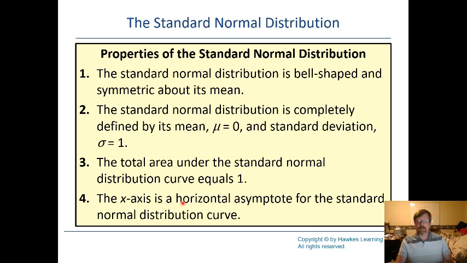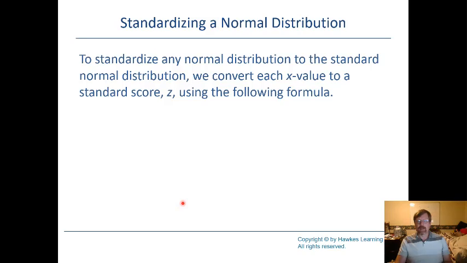To do this standardization, we convert each x value to a standard score. We did talk about standard scores a while ago. The example I gave mostly was with percentiles. I don't think I had a good example for standardized scores. This is a good example for where standardized scores come in useful.